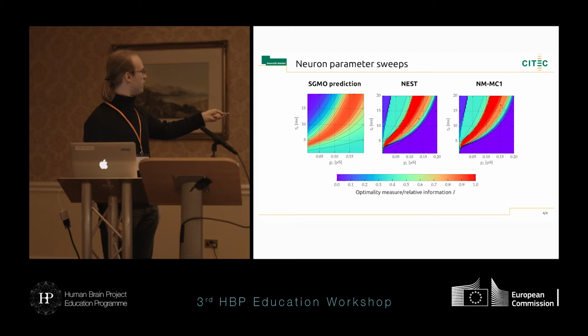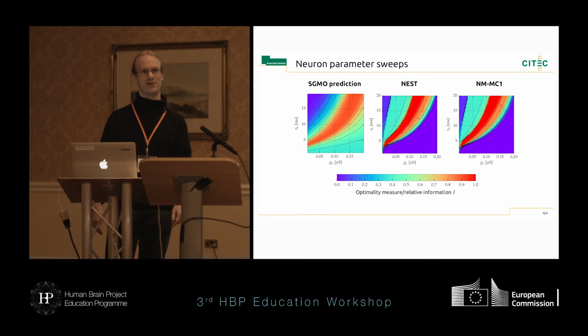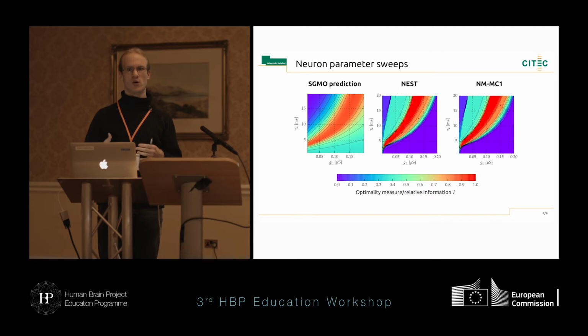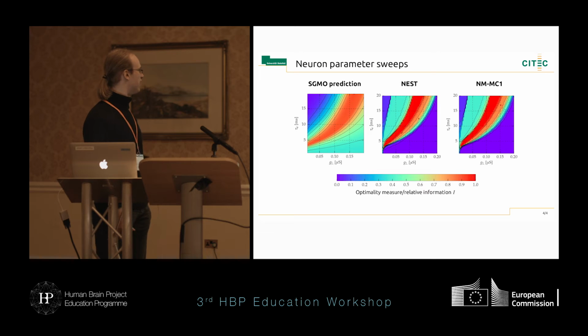You have to keep in mind that each point in this image is a complete full network evaluation, which takes, depending on the platform, a long time. And this whole picture here is calculated in a few seconds, which allows us to automatically select the neuron parameters in an automated optimization process.